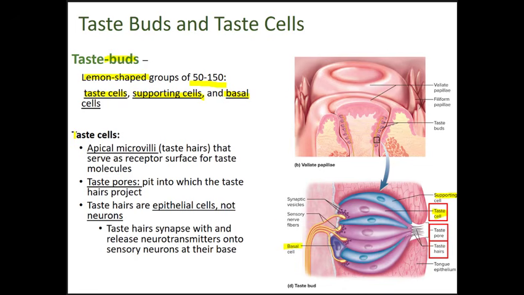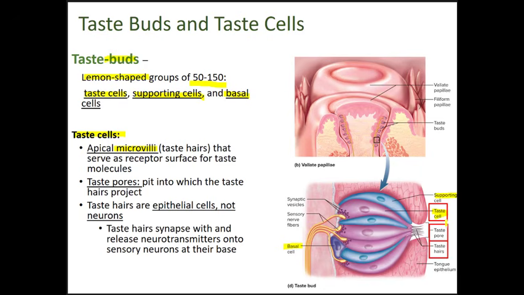Now, let's look at the taste cells themselves. So again, we're looking here at the purple cells. You can see that they have microvilli at their apical surface. So if this is the basal surface, here's the apical surface here. And these microvilli are taste hairs, and they serve as the receptor for taste molecules.